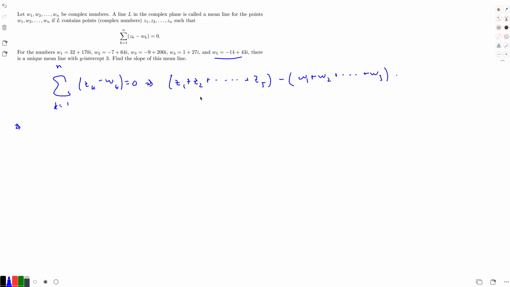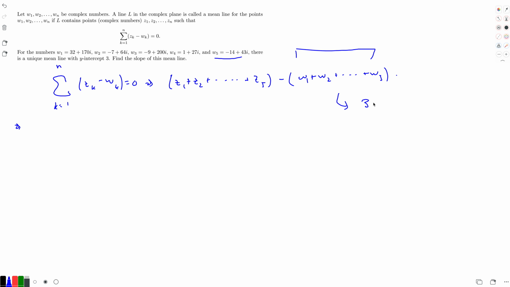So now we can easily find w1 plus w2 plus w3 plus w4 plus w5 because we're given all of them over here. So let's first find this. Let's see, the sum of the real parts would be 25, 16, 16, 17, 3, right?